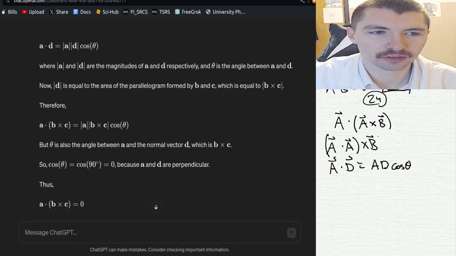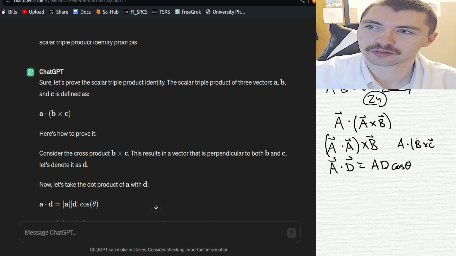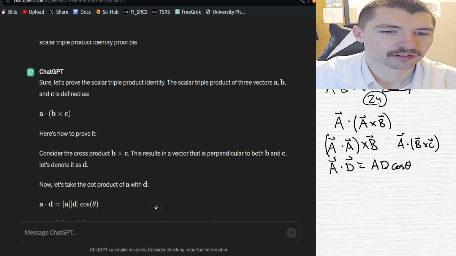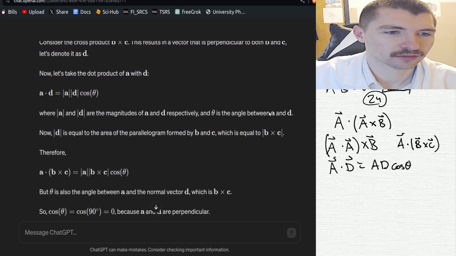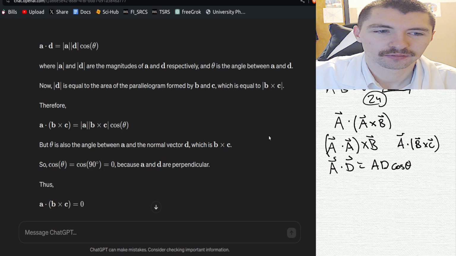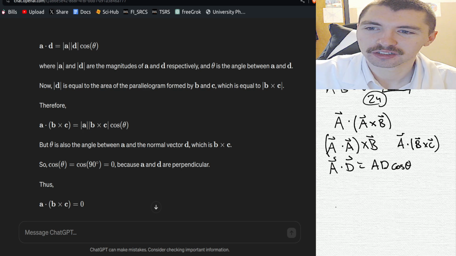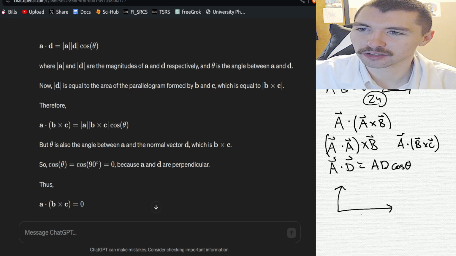Now D is equal to the area of the parallelogram formed by B and C. So I'm taking the dot product of two vectors conveniently on the x and y axis.